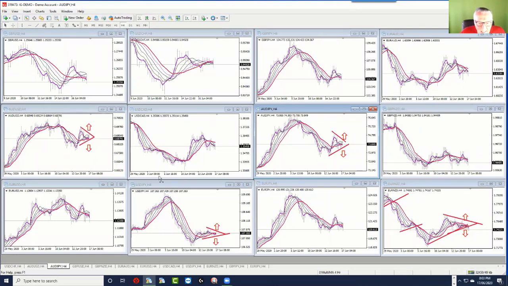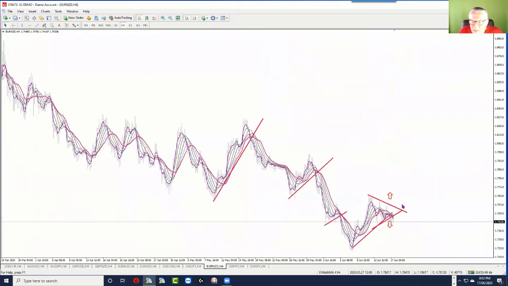Now, yesterday there was one in particular. Here we are, the Euro New Zealand. We said that this one is leaning in the direction of the trend, and the moving averages were also consolidating right there, and we said what we'll do is we would straddle it, and the favored direction was the with-the-trend direction, and you can see it's battling to break out there.